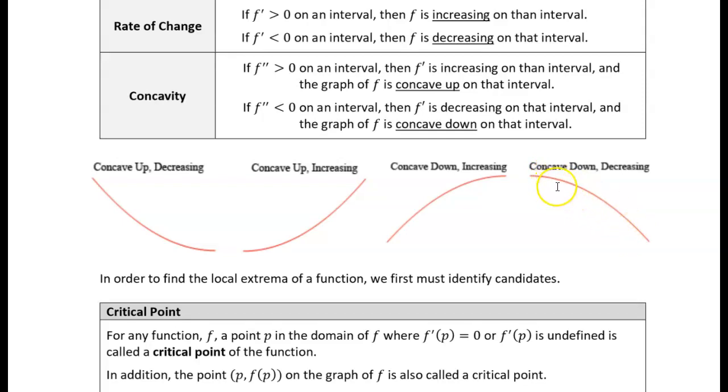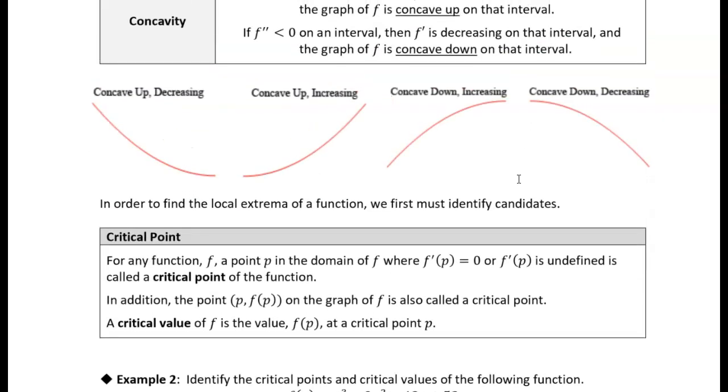Okay, so it's a steeper slope, but it's more negative. So the slope is increasing in the negative direction, right? Which gives us a second derivative that's less than 0.